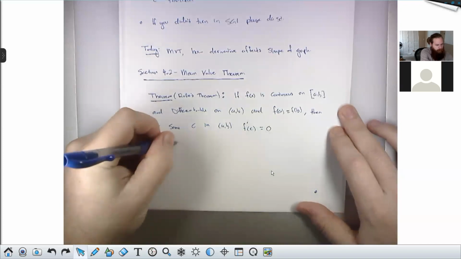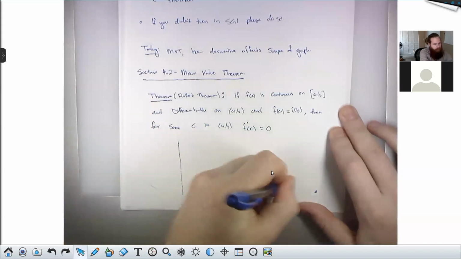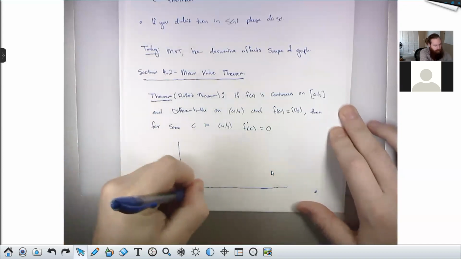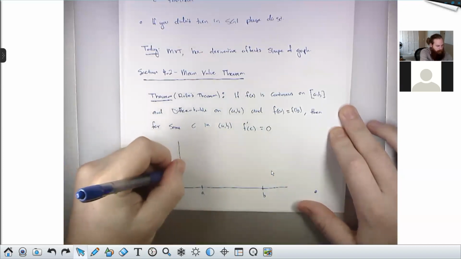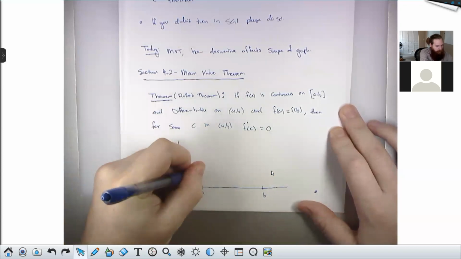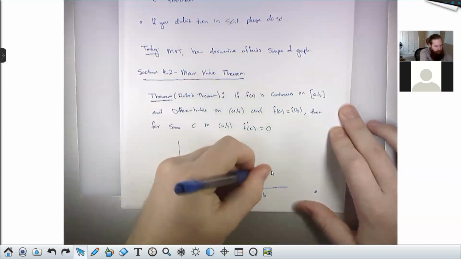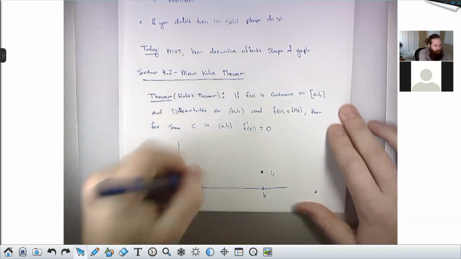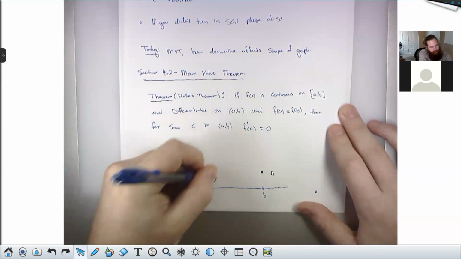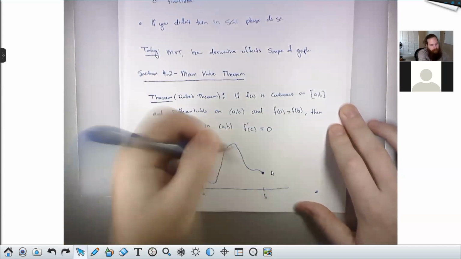I'll show you the picture that goes along with this. Here's A, here's B, and let's say f of A is equal to f of B. They're both equal to this y value. In between, I can do anything I want, as long as it's smooth and continuous, right? So maybe I come down like this and come up like this and something like that.